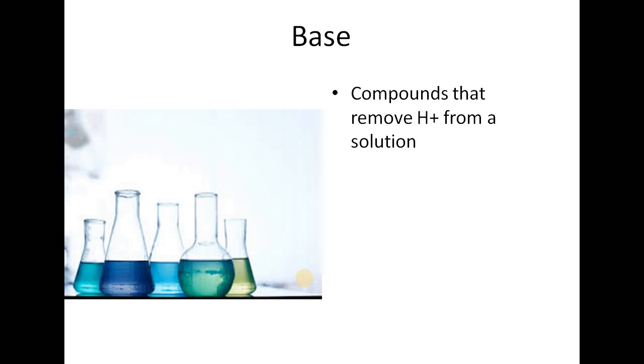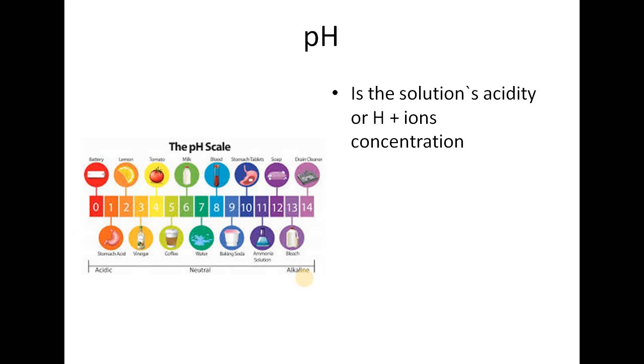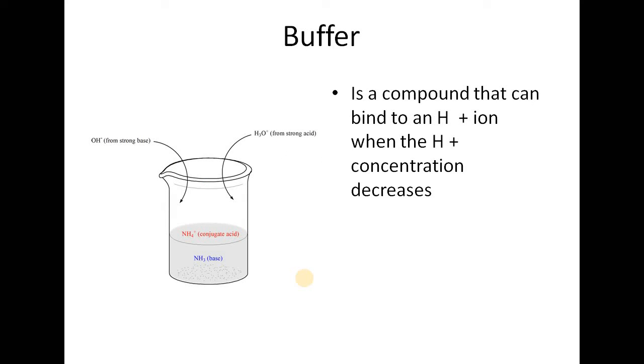They remove protons. Now the pH of the solution is a measure of the solution's acidity, or the concentration of H plus ions in the solution. A buffer is a substance that can regulate the H plus concentration.